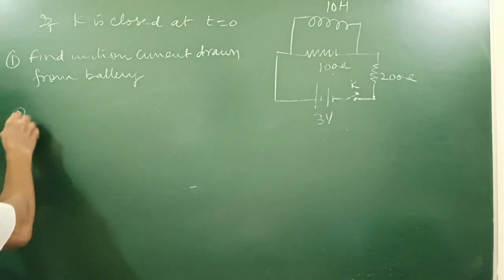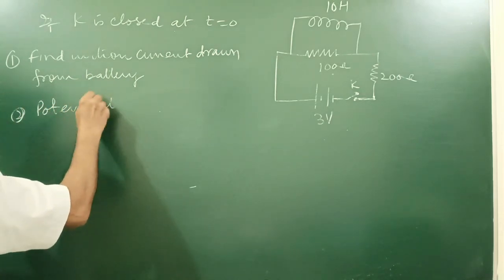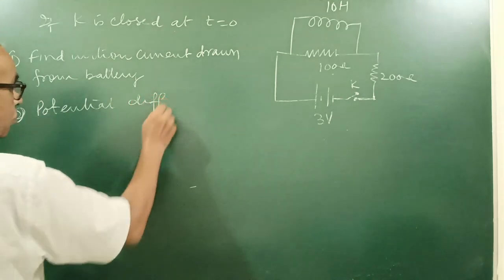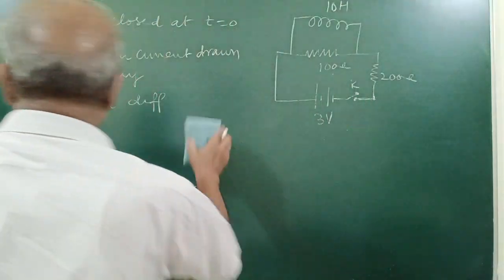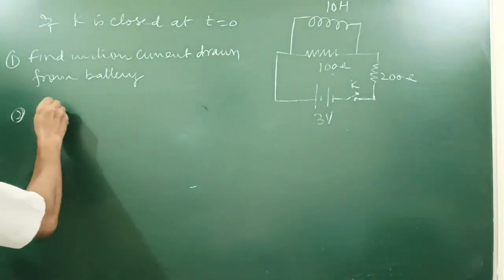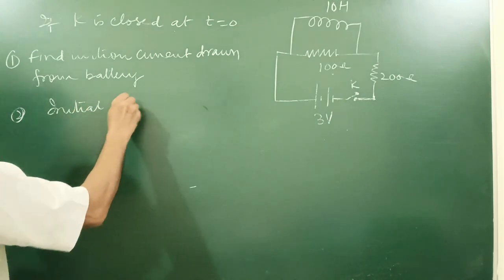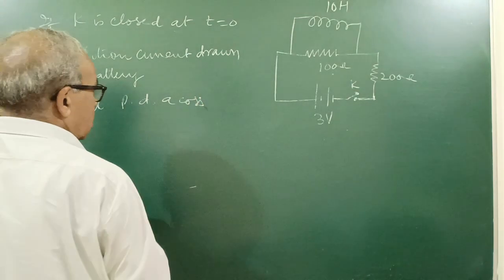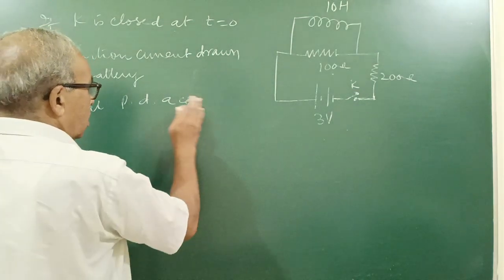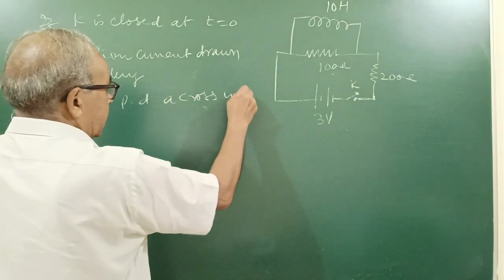Now number 2, the initial potential difference across the inductor.